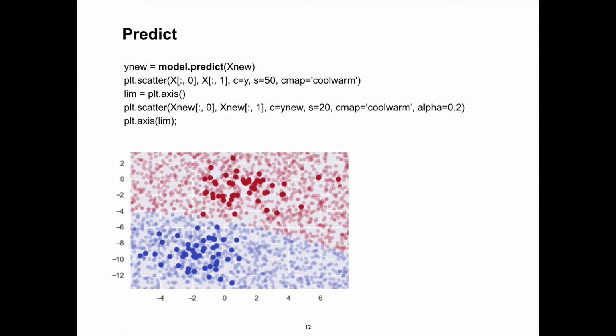And so anything below this line, the model will say it belongs to this set, and everything above it, the other set, right? Yeah, and the Y new is just a bunch of zeros and ones.